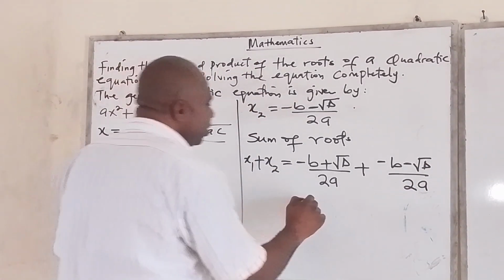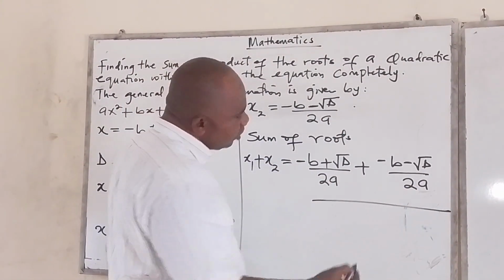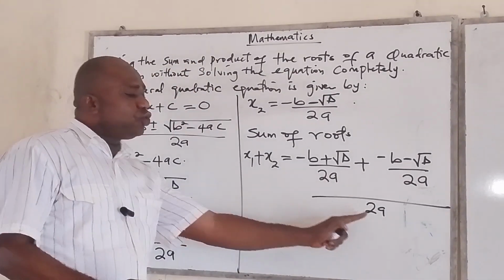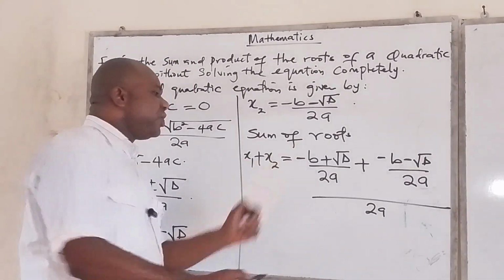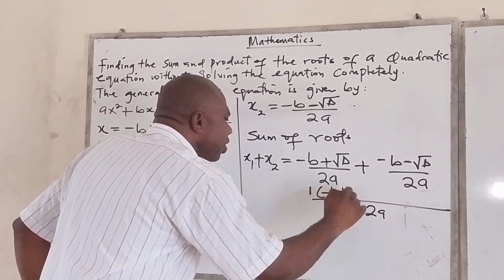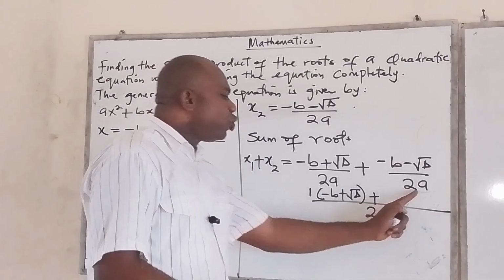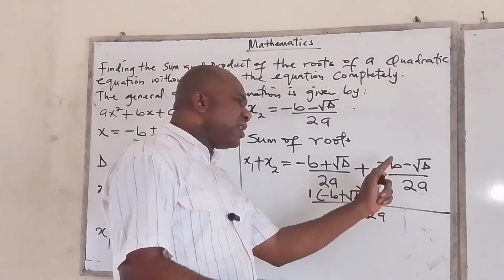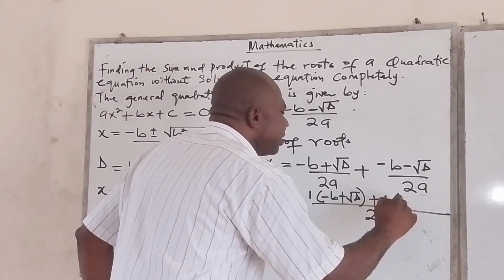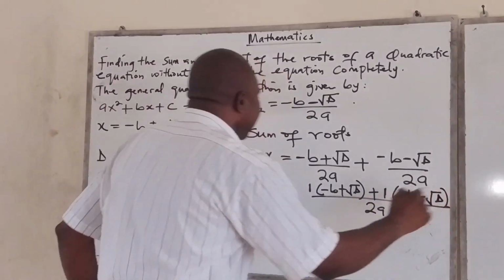Now, let's look at the LCM of these two, 2a and 2a. The LCM is 2a. Now, 2a into 2a is 1, and 1 times this becomes 1 in brackets minus b plus the square root of d. Then here we have plus 2a into 2a is 1, and 1 times minus b minus the square root of d will be 1 in brackets minus b minus the square root of d.